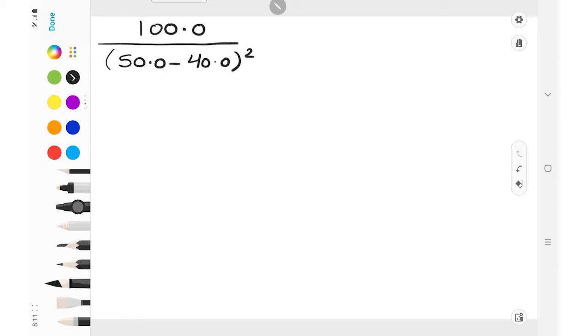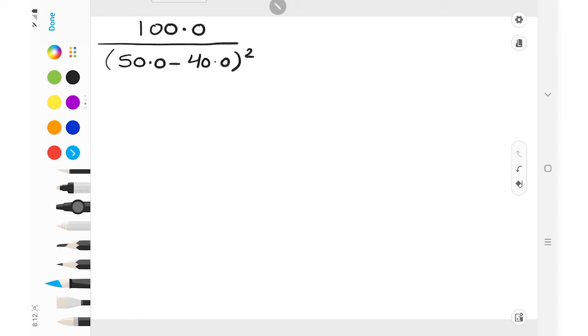So when we multiply, the same: lower multiplied by lower, upper multiplied by upper. But here I have subtraction. It doesn't matter. For the subtraction, you will do the upper first. If I want the upper bound, the 50 will be upper, and the 40 will be lower. So it will not affect my answer.